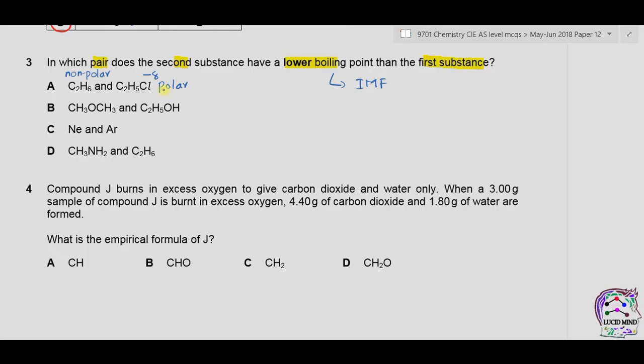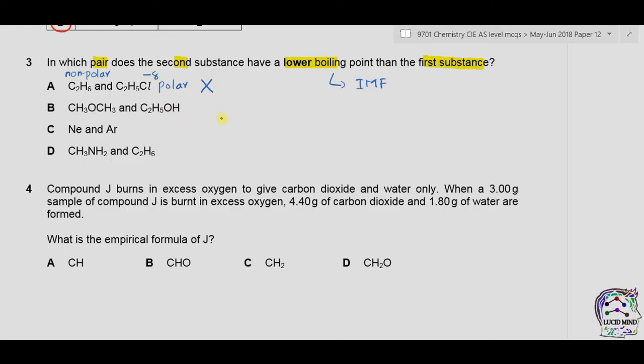Now in polar compound, dipole-dipole interactions are present, while in non-polar, dipole-dipole interactions are absent. So therefore the second substance would have higher boiling point as compared to the first one. So A is incorrect.